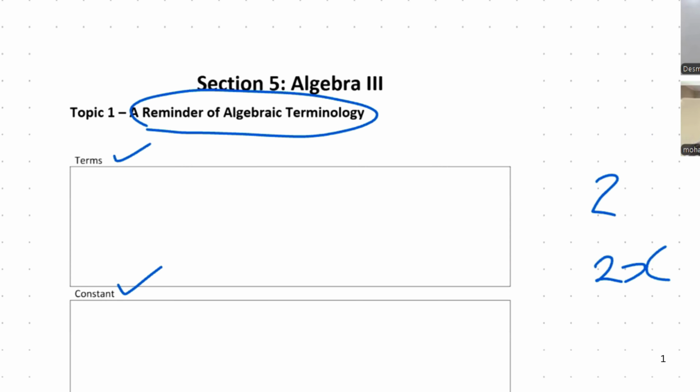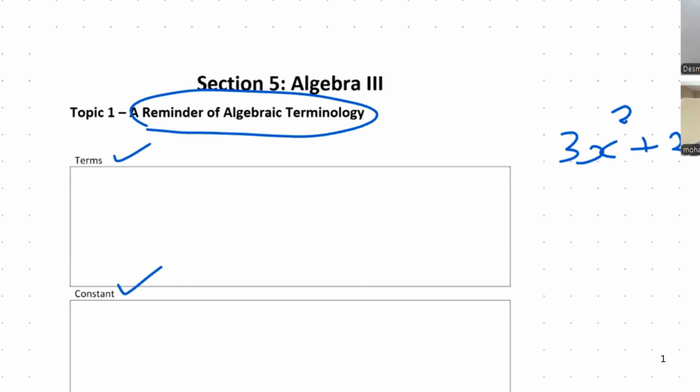Now, let me get back to terms using variables and numbers. So I will say 3x squared plus 2x plus 3. How many terms do you have there? We have 3 terms. What motivates your answer?